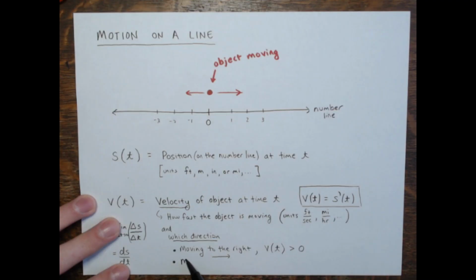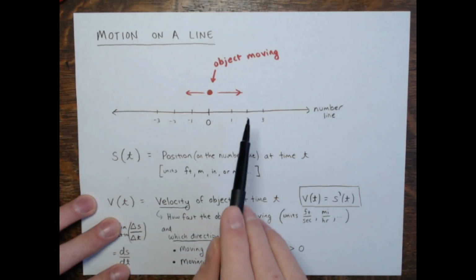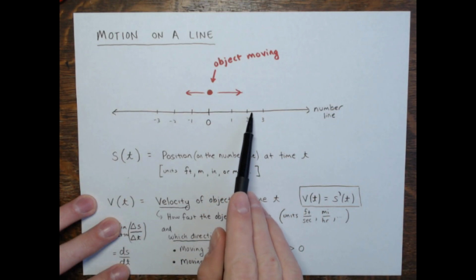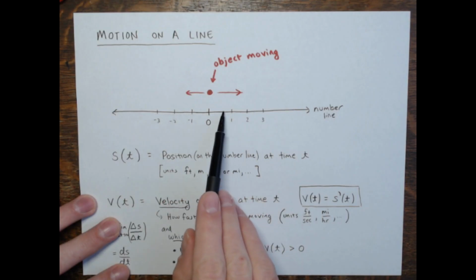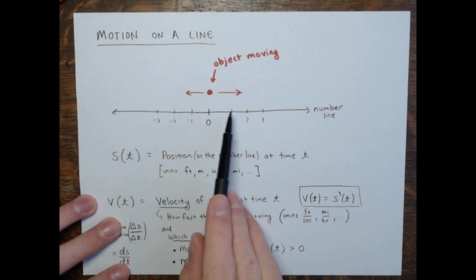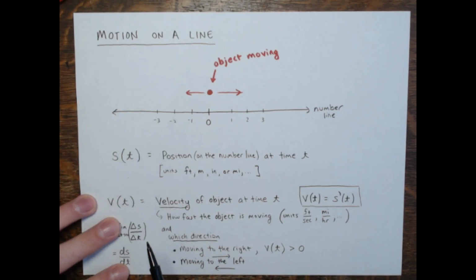All right, then the other way around, moving to the left. That's going the other direction, so going this way from right to left. Now, if you're an object on the number line and you're moving to the left, the position you are at, the S value, is going down. It's decreasing.